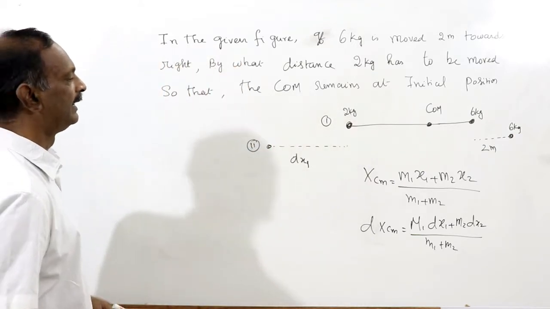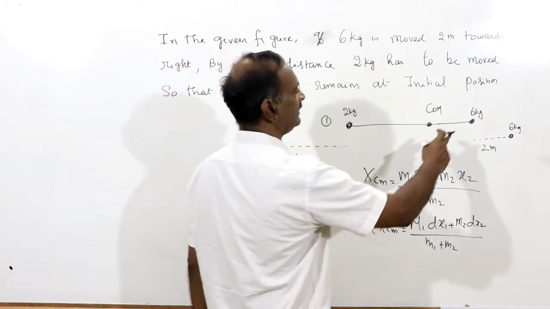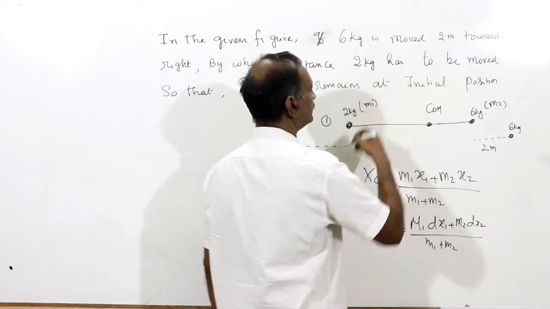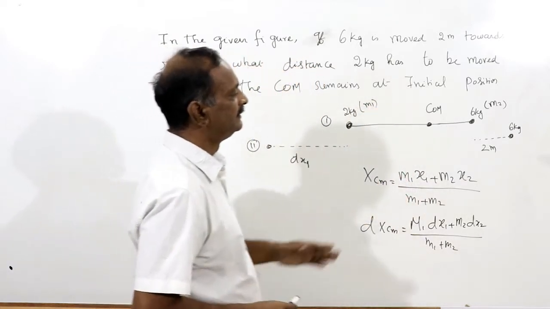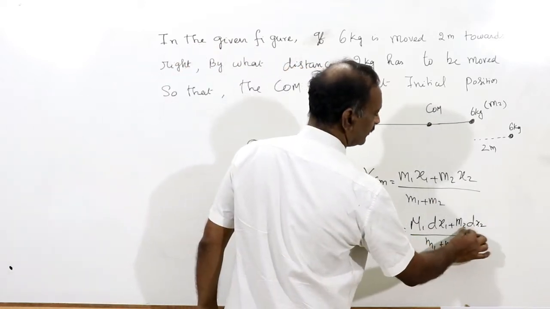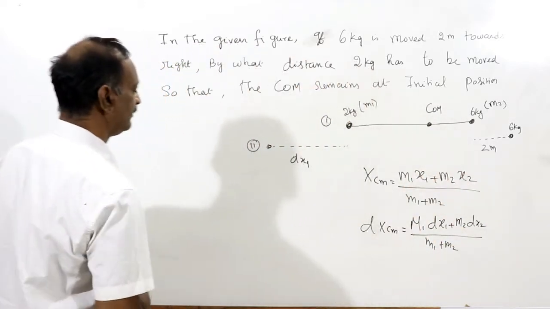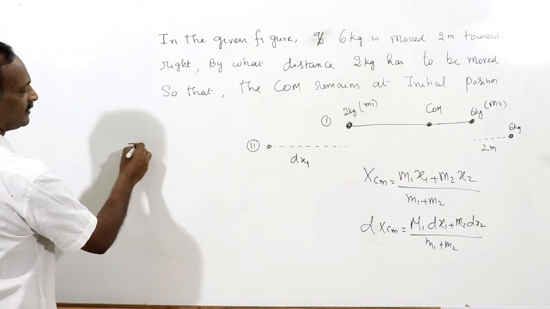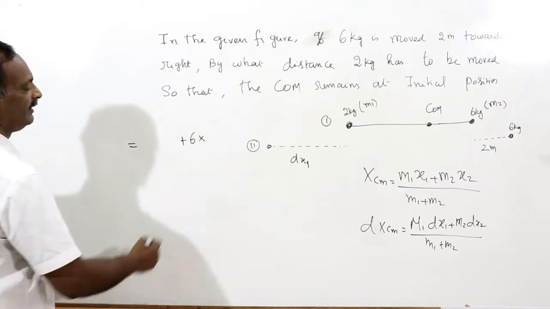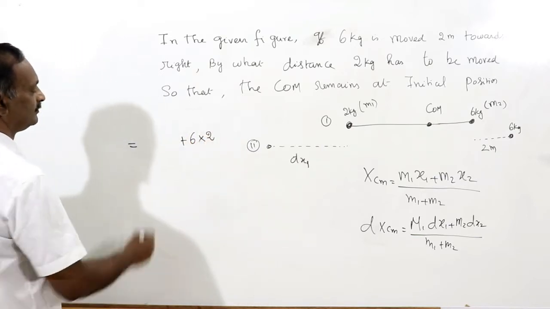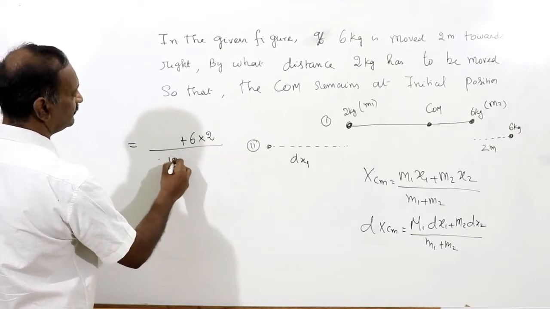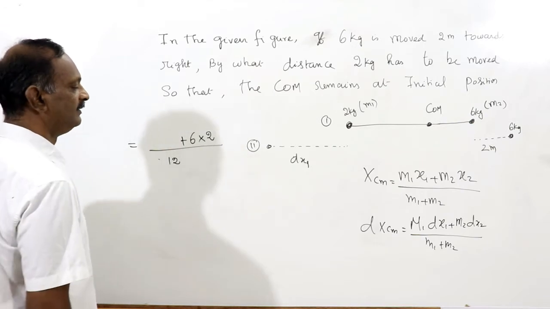The condition is: 6 kg is m2, this is m1. So m2, 6 kg, is moved by 2 meter, and m1 is the 2 kg. We can modify this as m1 dx1 plus m2, 6 kg moved by 2 meter, divided by m1 plus m2, which is 8. m1 is 2.